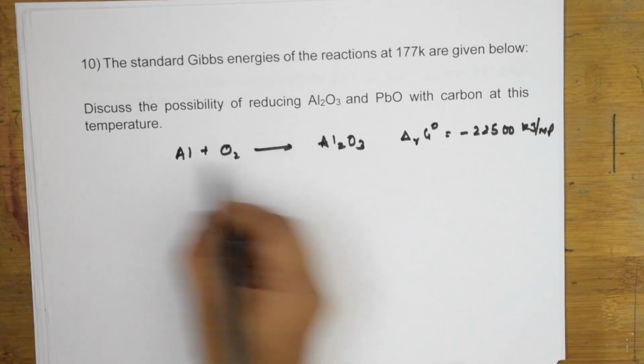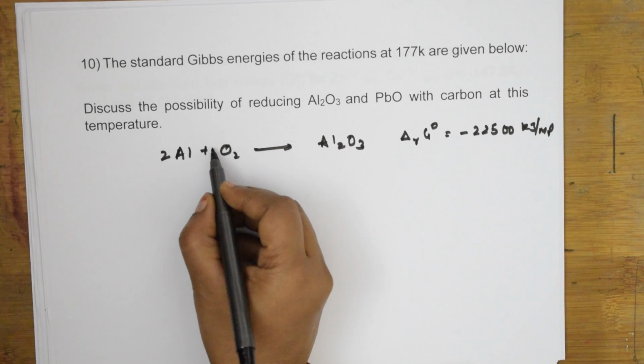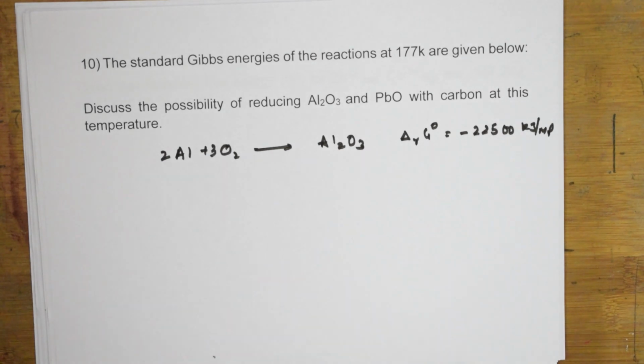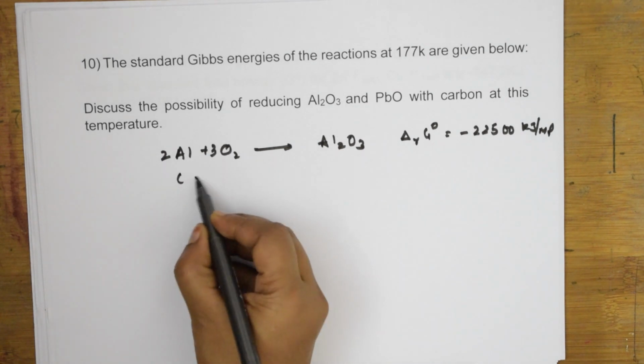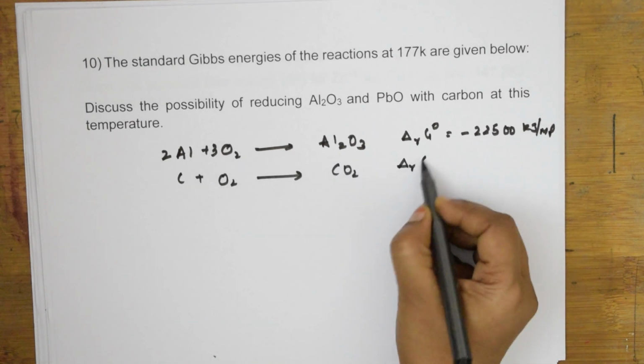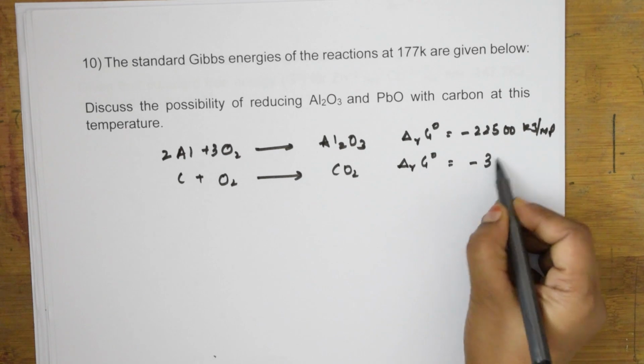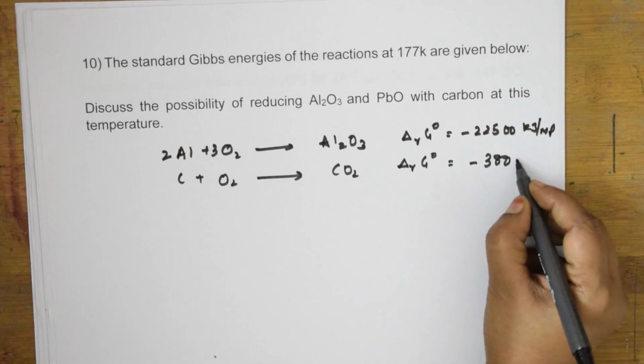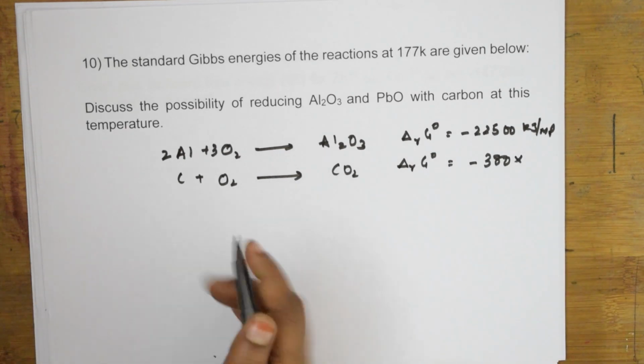Let us balance. Aluminium is 2, so this is 2. Oxygen is 3, so 3. The next reaction they gave is carbon plus oxygen giving me carbon dioxide. For this, delta G naught value is minus 380 into 3, because let us first balance this.